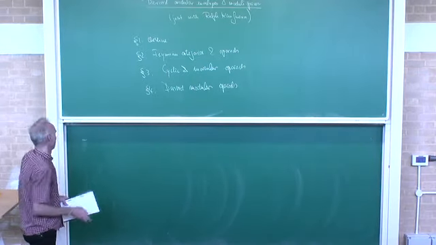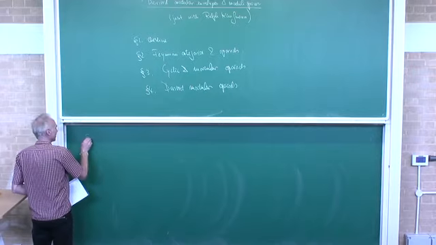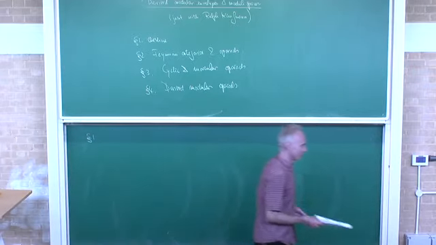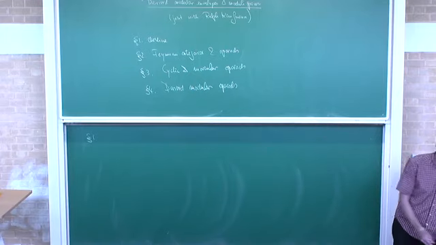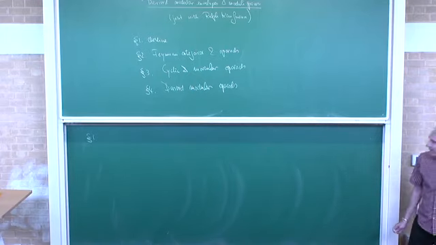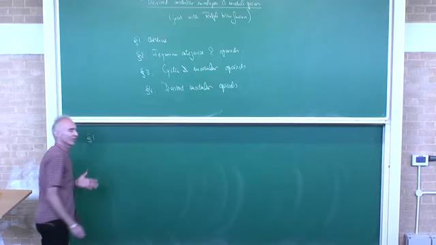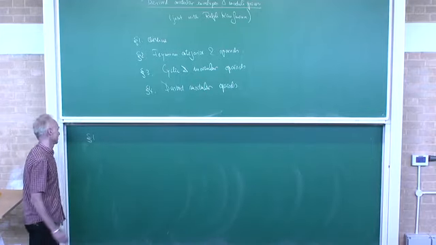So let's begin. It's a small outline of what I want to prove, or at least sketch a proof of. It's about combinatorial models of moduli spaces.